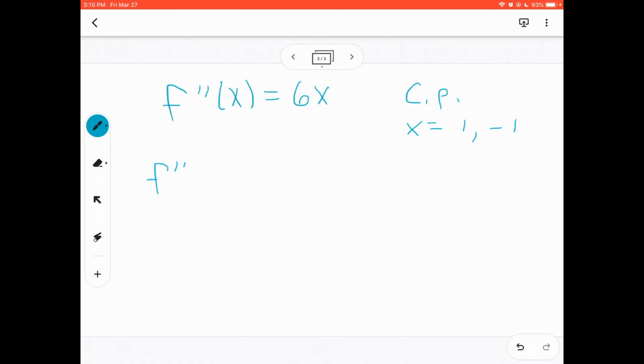So f double prime of 1 is 6 times 1, which is just 6. And we have a positive value for our second derivative. So that means we're concave up. And if we're concave up, that means we'll have a minimum. So min at x equals 1.